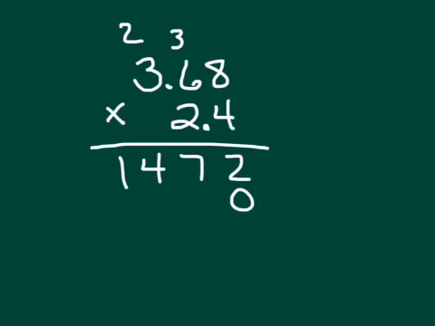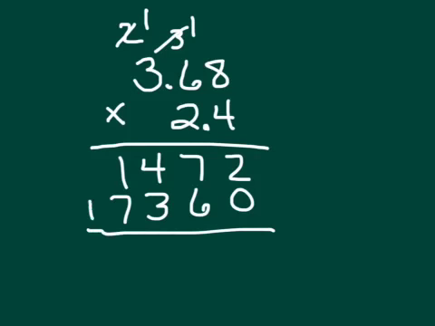Tack on a 0. 2 times 8 is 16. 2 times 6 is 12, plus 1 is 13. 2 times 3 is 6, plus 1 more is 7. I add these partial products, and I get 8832.